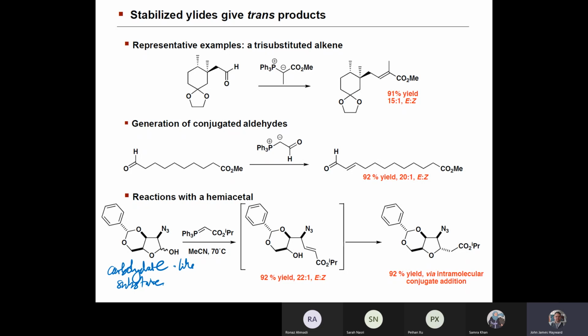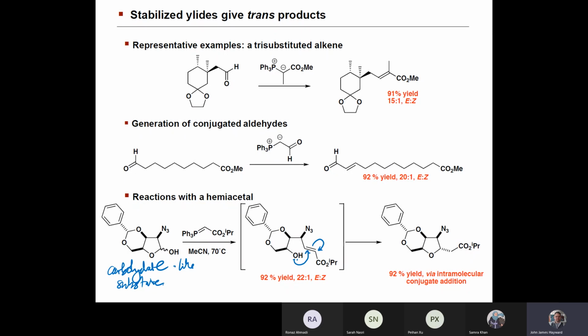And this is quite a cool reaction because you get your alpha-beta unsaturated compound formed as an intermediate, but that then undergoes conjugate addition to give a carbosugar type product. And now that I think about it, that could actually be really interesting for some of our stuff. Shall have to think about that more.